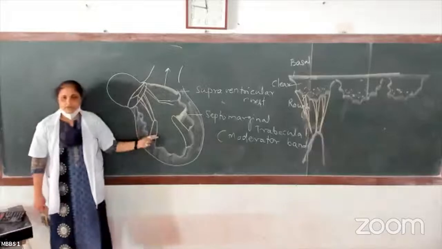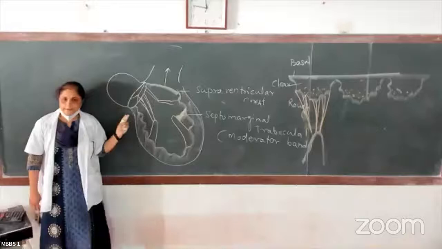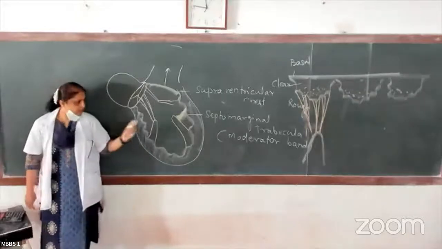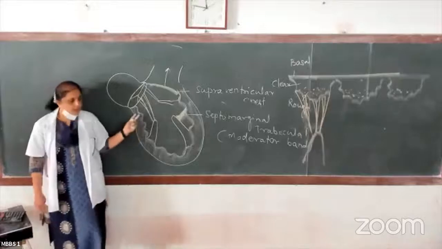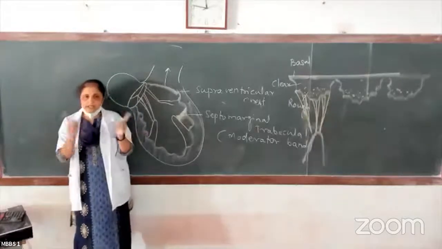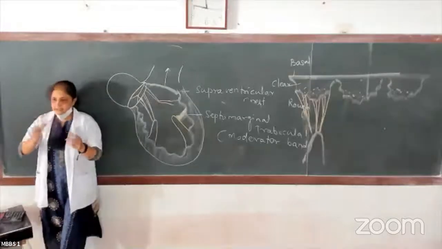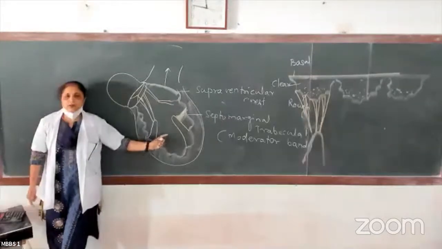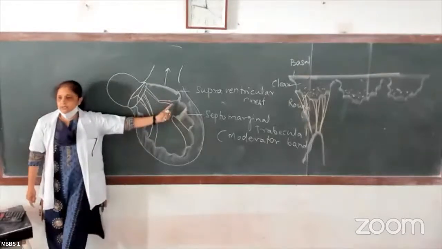In the inflowing rough part, there are multiple rough zones because of the ridges, bridges, and pillars. Ridges are linear elevations of the myocardium. Bridges have both ends attached, with the intermediate area vacant, like a loop. And the pillars are the papillary muscles, which provide attachment to the chordae tendineae.